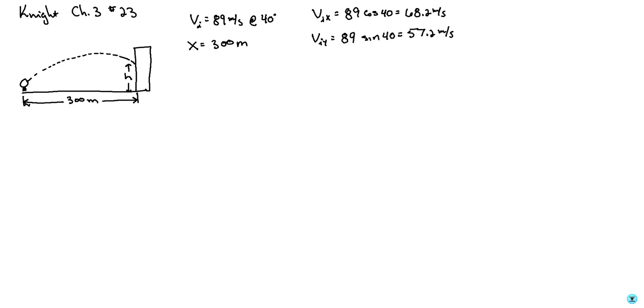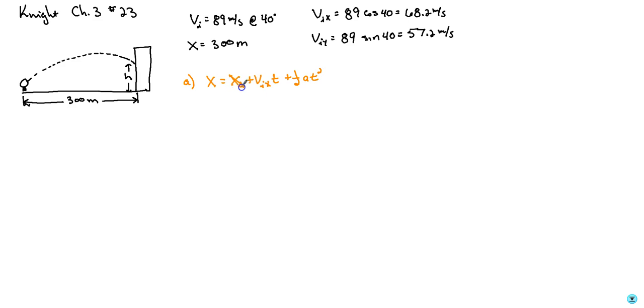All right, so part A, they would like to know how long does it take the cannonball to reach that wall. So looking at the fact that we have the speed in the x direction, and we have the distance that the cannonball travels in the x direction, we should probably start with our second kinematic equation, x equals x sub O plus v sub I x times t plus 1/2 a t squared.